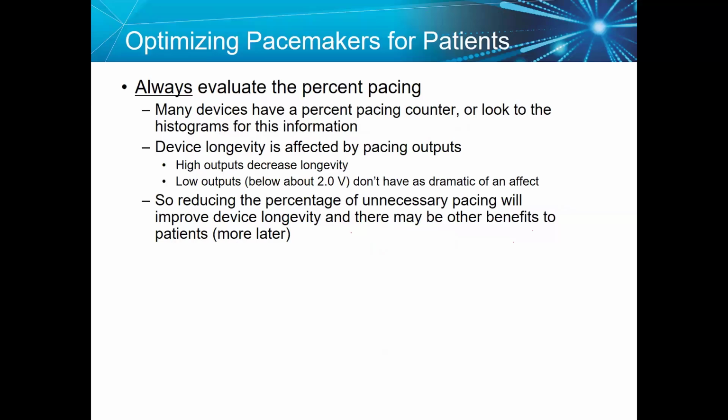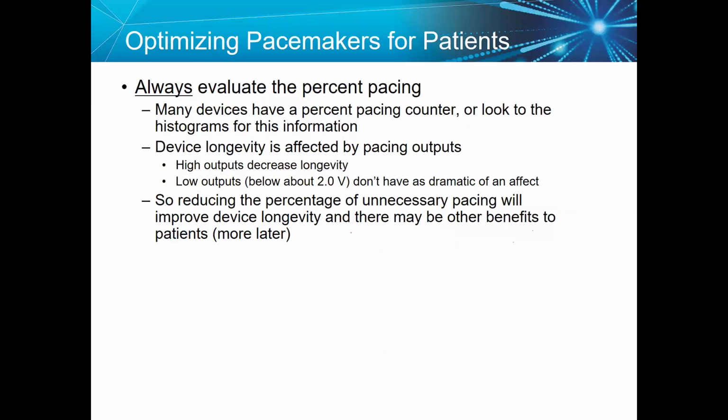And always evaluate pacing percent. Many devices have a pacing percent counter or you can look at the histogram. Device longevity is affected by pacing output, and I inform every fellow that when we are putting in a pacemaker we try our best to prevent unnecessary pacing.